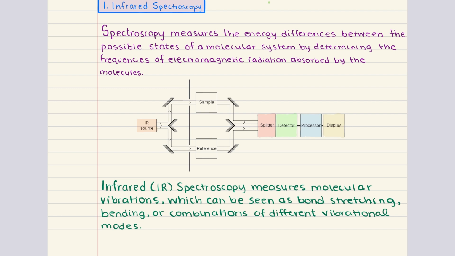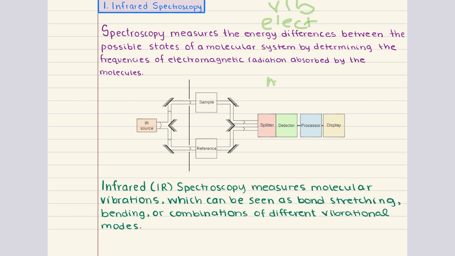The first is vibrational transitions that are observed in IR spectroscopy, and they occur when a bond absorbs infrared light and begins to vibrate more energetically. The second is the electronic transitions that are seen in ultraviolet visible spectroscopy, and they occur when electrons are promoted from lower to higher energy orbitals.